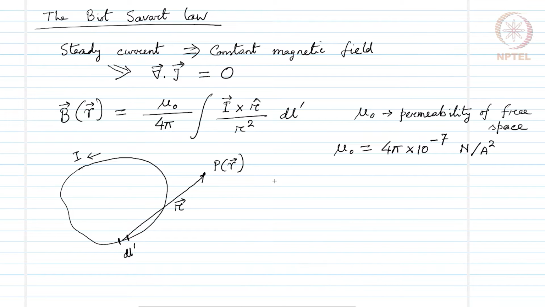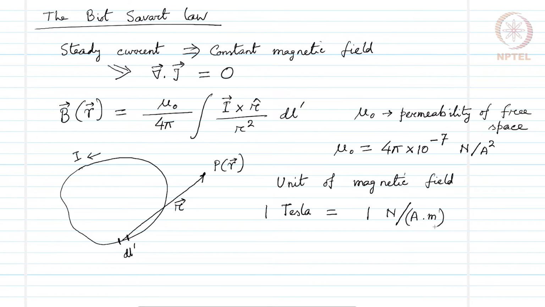What is the unit of magnetic field? The unit is Tesla, which is 1 Tesla equals 1 Newton per ampere times meter. Tesla is also written as T.